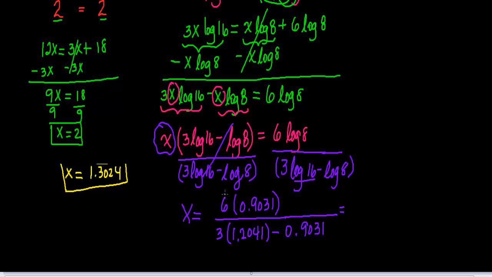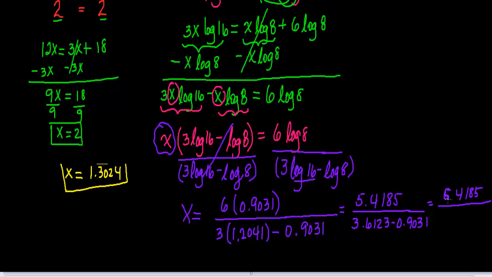So the top part is 6 times 0.9031, which is 5.4185. And in the bottom, I have 3 times 1.2041, which is 3.6123, minus 0.9031. And that equals... 5.4185.